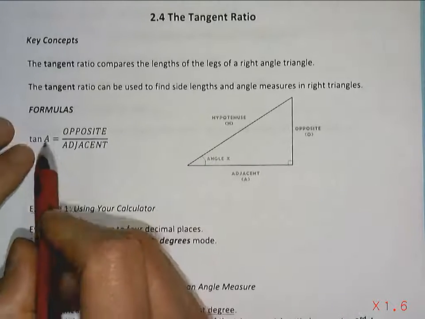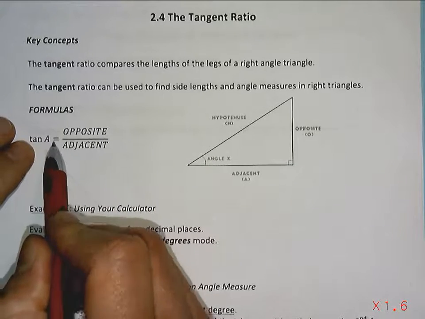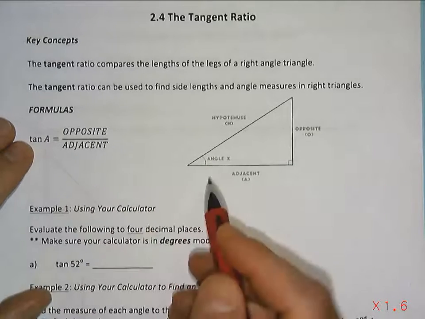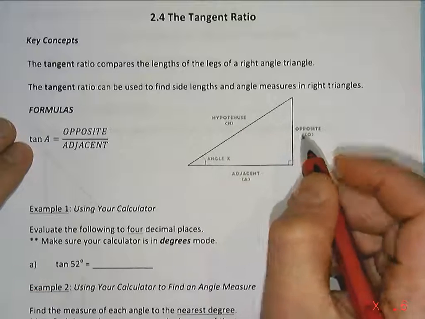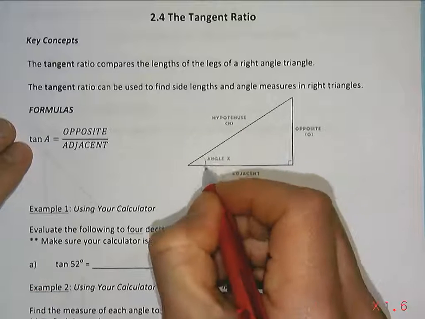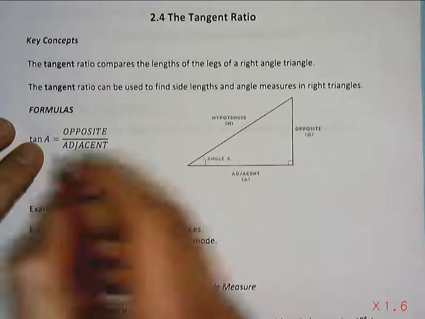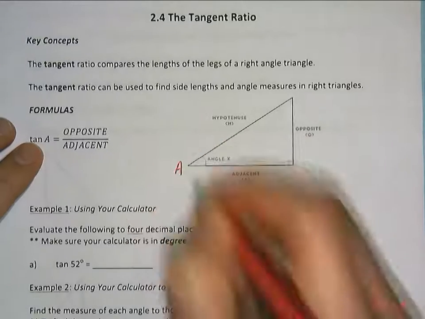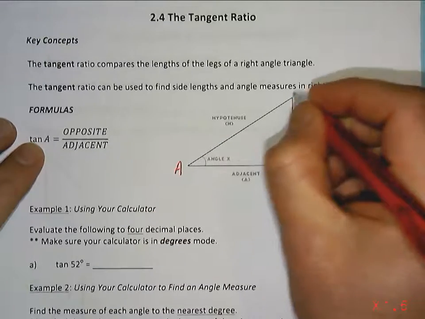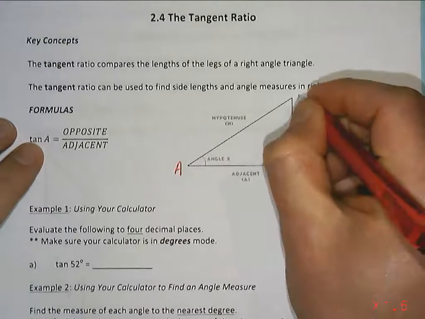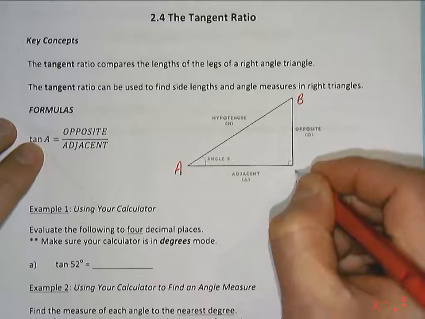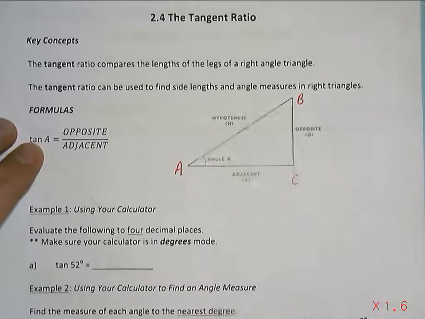And in this particular case, tan of angle A. Now if we're talking about this being angle X, but if I want to talk about this being A, then I better call that vertex A. I can call this vertex B if I want, and this vertex C if I want.